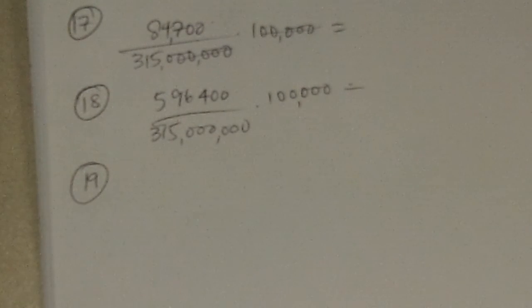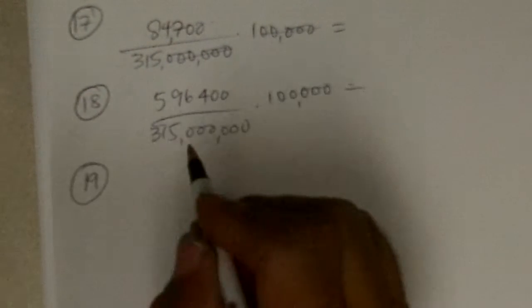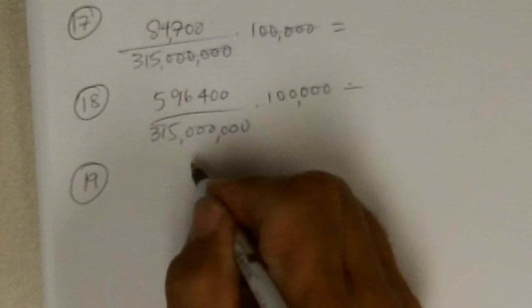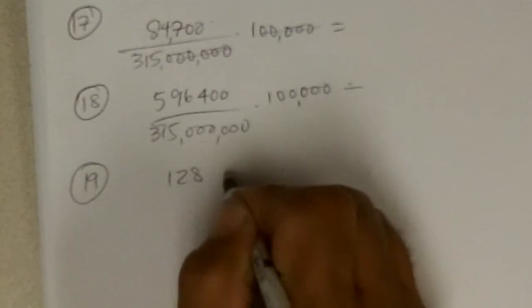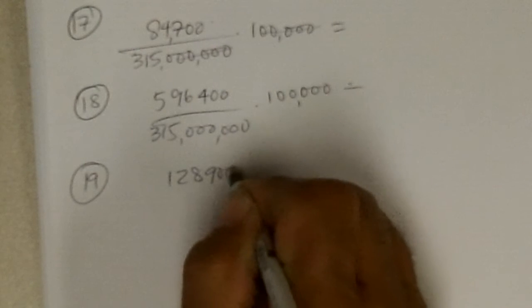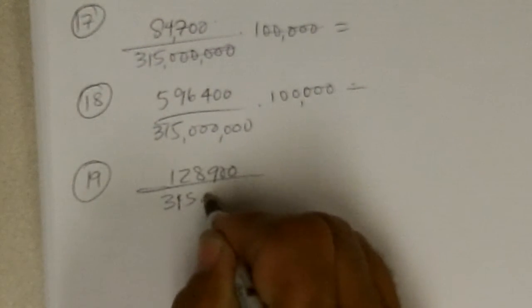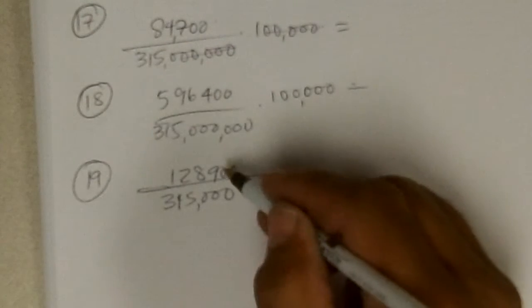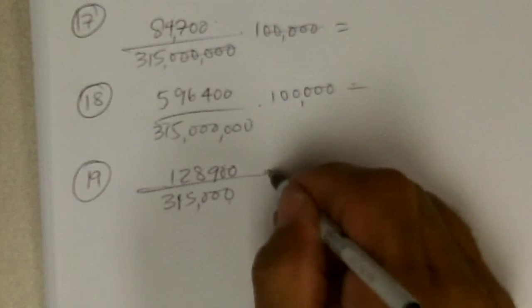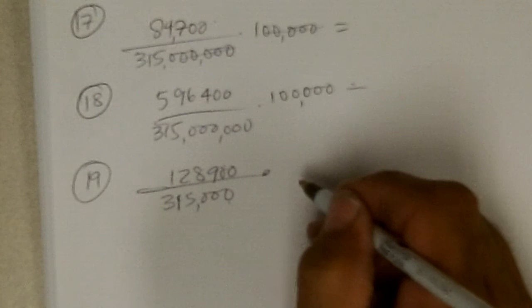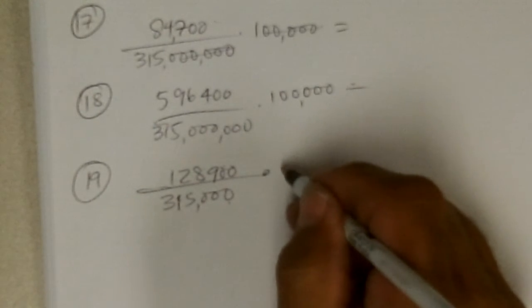19. If you live in a typical city of 500,000, how many would you expect to die of a stroke? So stroke is 128,900 for 315 million. That would be how many per person times a city of 500,000.